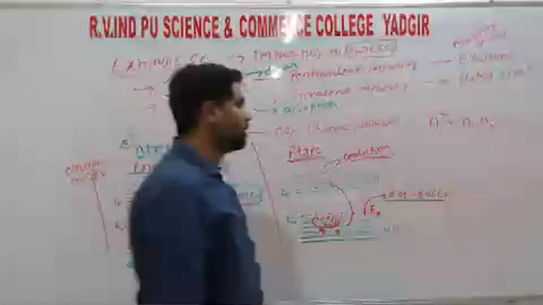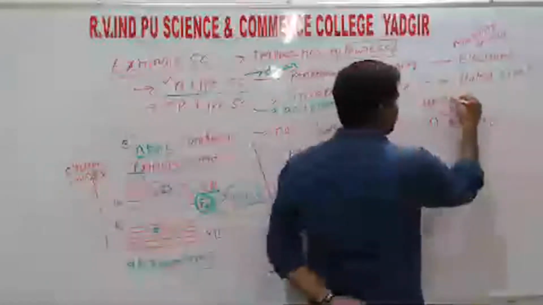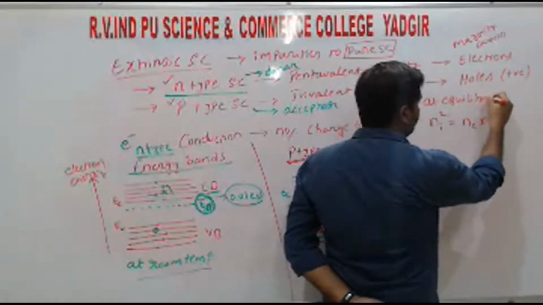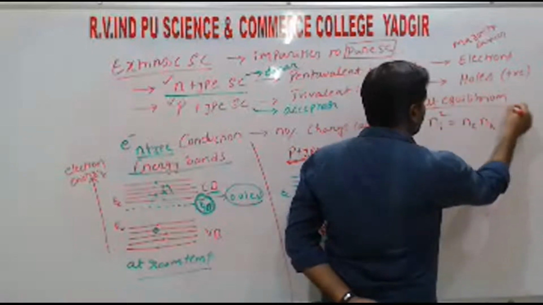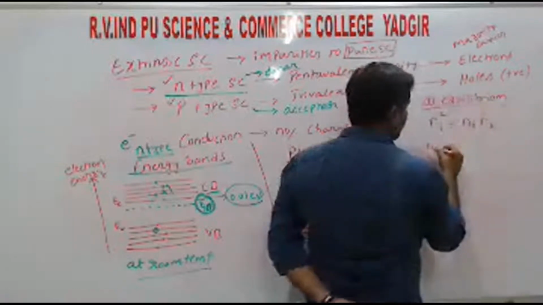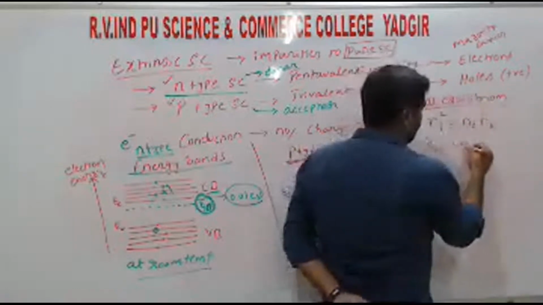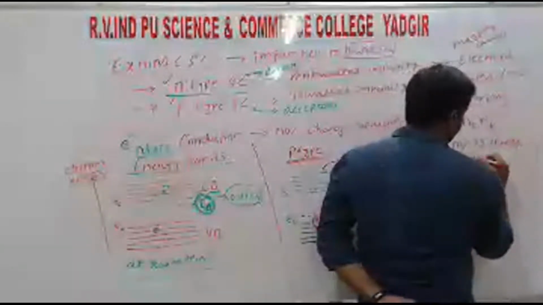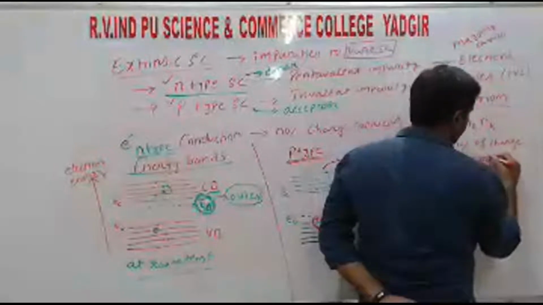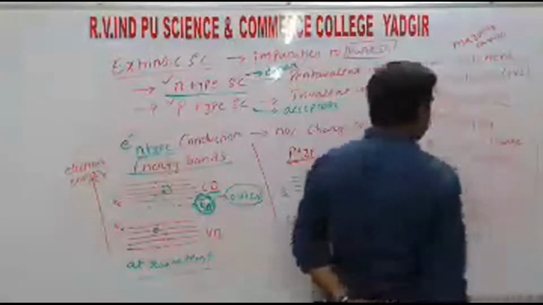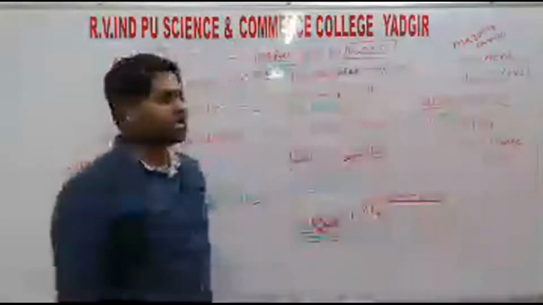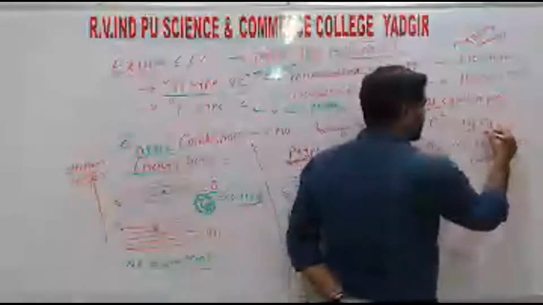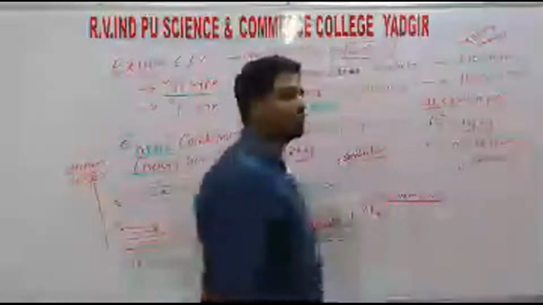That is when at equilibrium, where Ni is the number of charge carriers, Ne is the number of electrons and Nh is the number of holes, right?